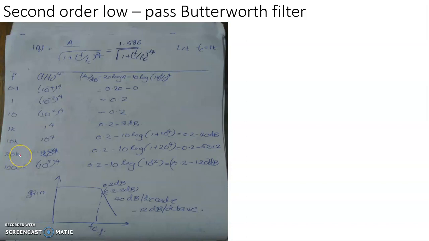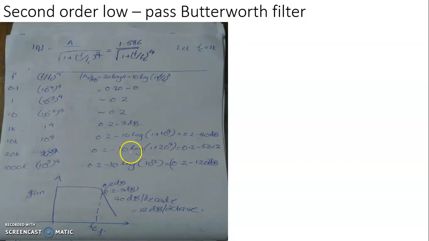10k becomes 20k. Then F by FC is 20 divided by 1k, that is 20 raised to 4 here. Then the gain is 0.2, that is 20 log A is 0.2, minus 10 logarithm of 1 plus 20 raised to 4. 20 raised to 4 plus 1 is approximately 20 raised to 4 for taking the logarithmic operations. Then this is 4 log 20, that is 4 into 1.3010.